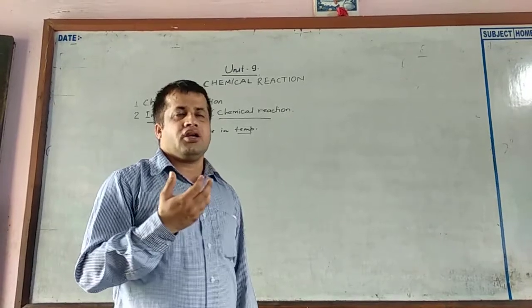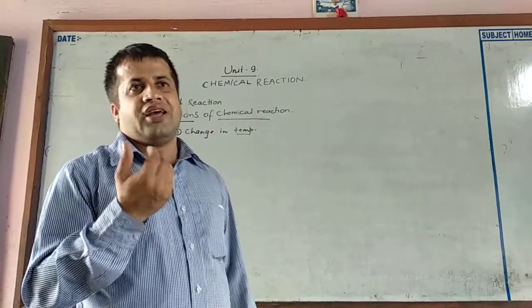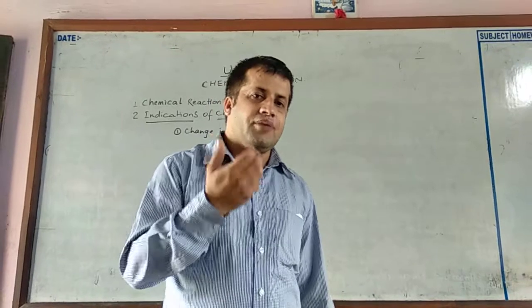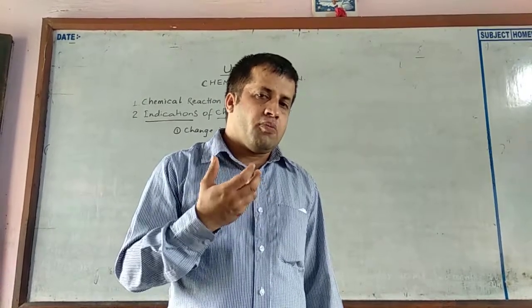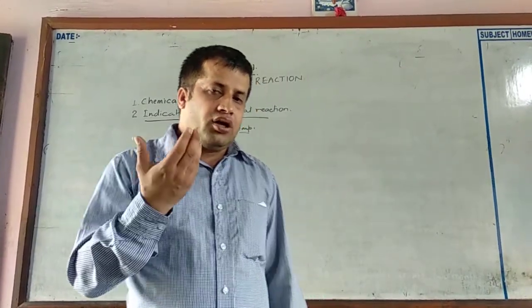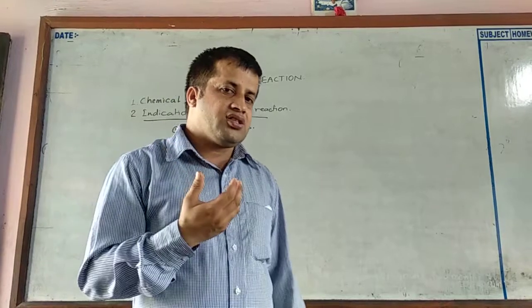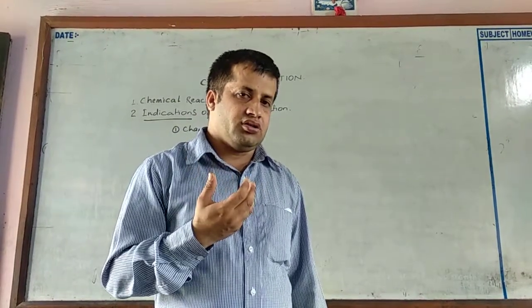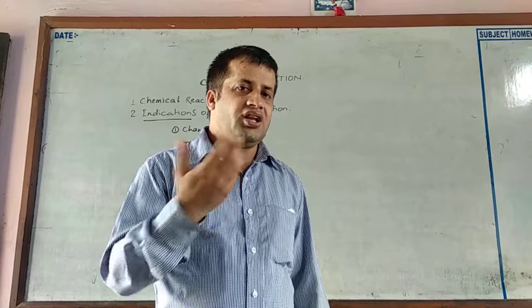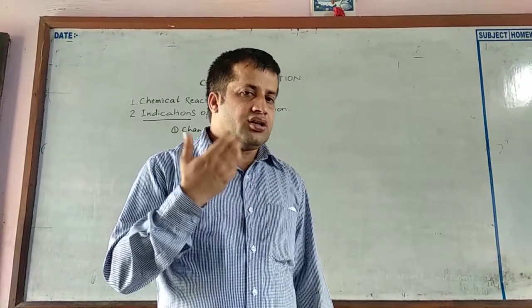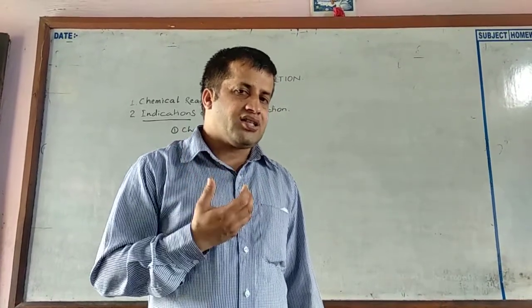Similarly, another way we can know that a chemical reaction has occurred is by observing whether there is a change in color or not. If there is a color change in an object, then a chemical reaction has occurred.